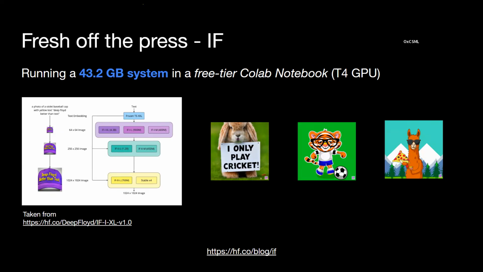And let's also discuss why IF is particularly good at generating text content. That's because of the use of a more powerful text encoder. So Stable Diffusion XL, Stable Diffusion, and Kandinsky, they all use CLIP, which is a contrastive model. It's not a dedicated text encoding model or even a sequence to sequence model in the first place.